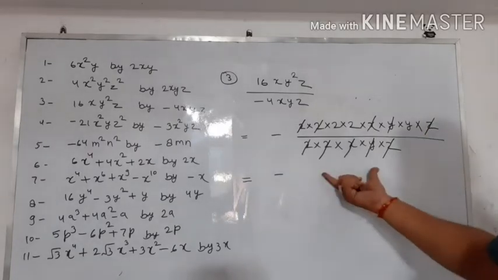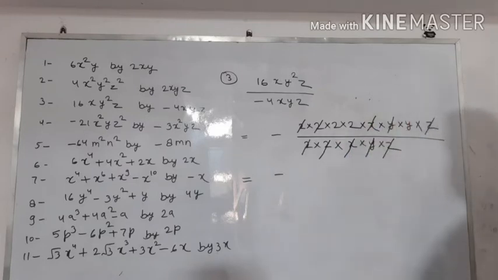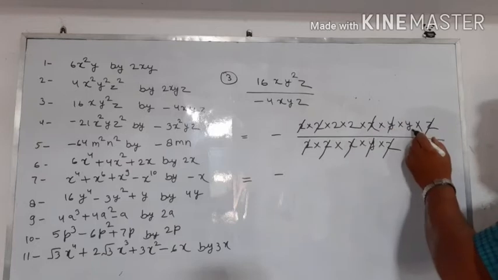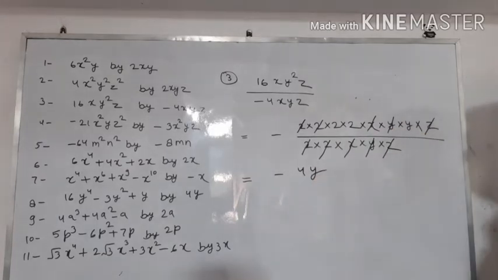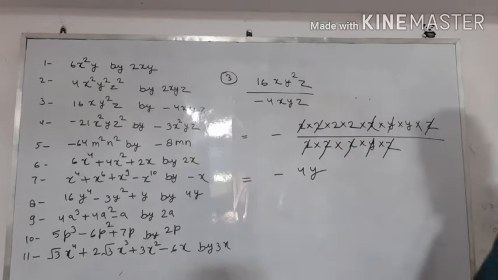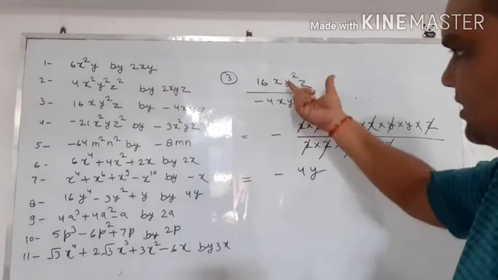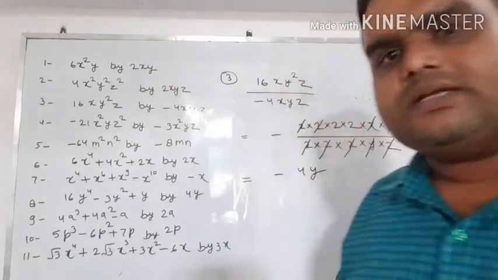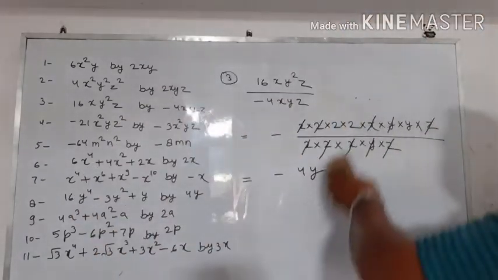So we left nothing in the denominator, but in the numerator we have 2 twos which are 4, and y. So the answer will be minus 4y for question number 3. If you want to write down this solution, you can pause the video and write it afterwards. Now we are continuing to the next question, question number 4.